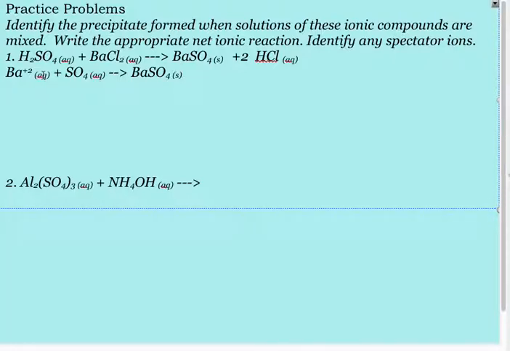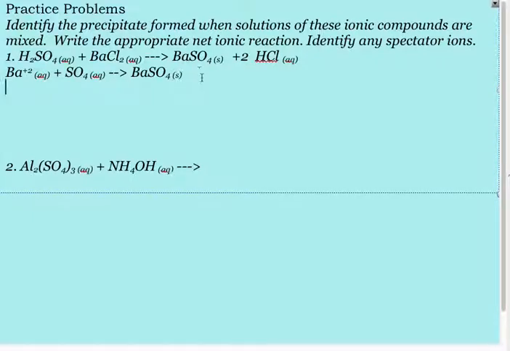Your spectator ions would be our hydrogen ion and our chloride ion. So try this one down here, and when you come back, I'll just have it right on there with it. I'll type it in quick. See if you can figure out which one of these would be the precipitate, and then go from there.